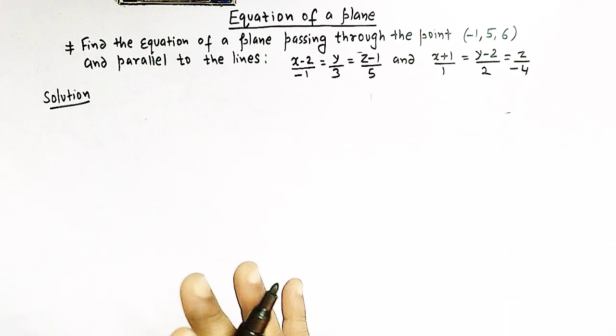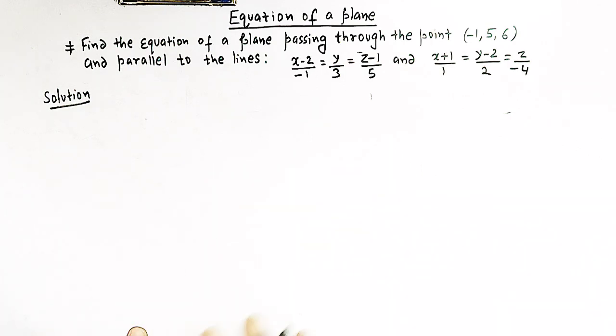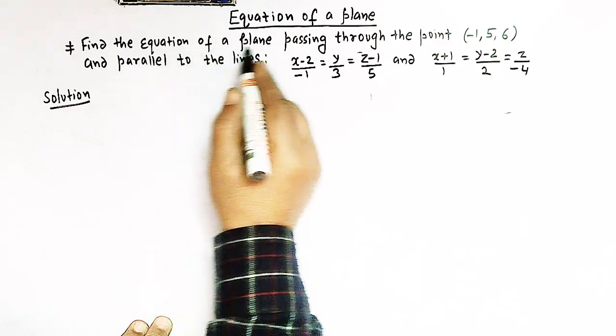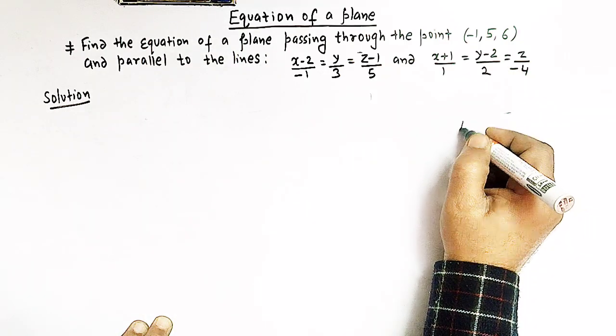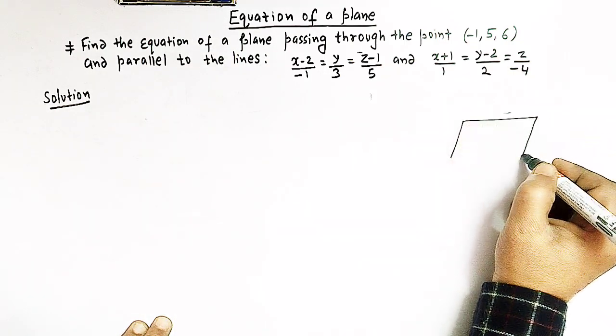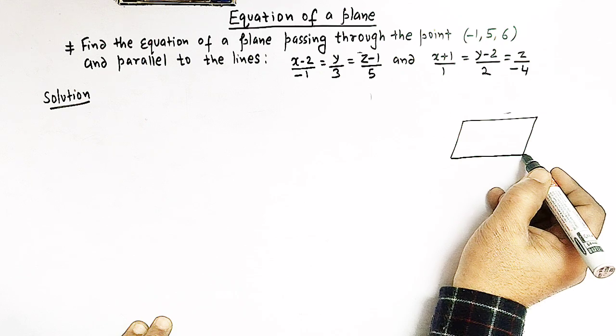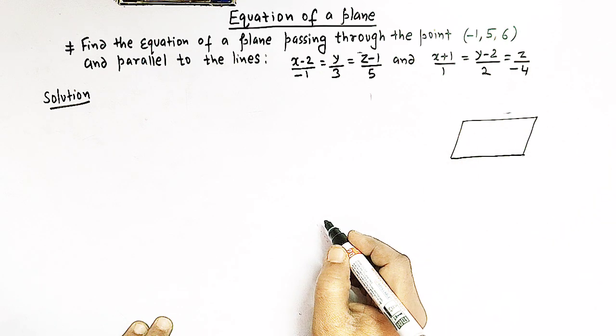Now to understand this problem, let us first draw a rough diagram. We have to find the equation of a plane. Suppose this is the plane whose equation is to be obtained.